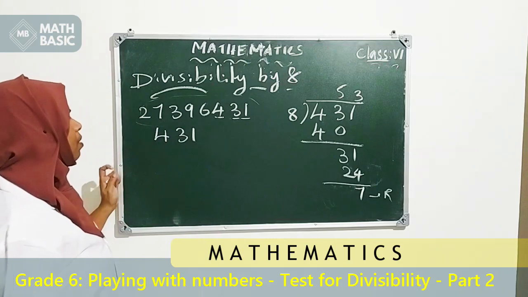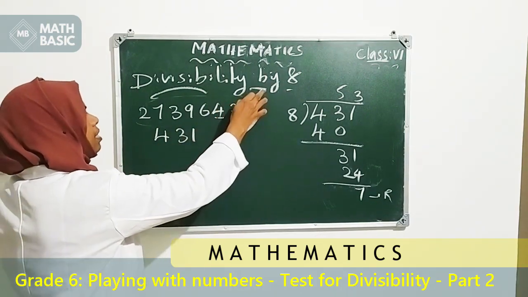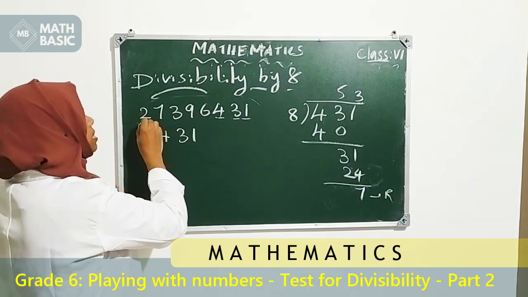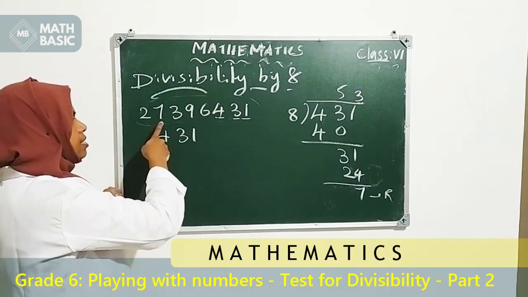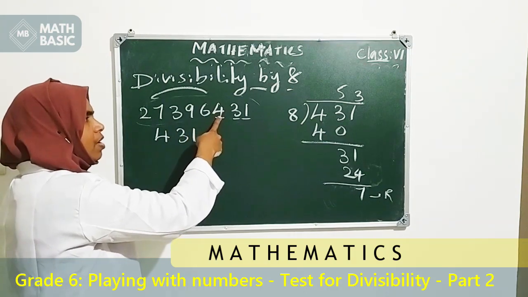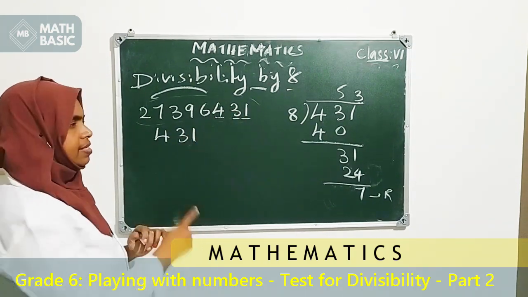So 431 cannot be divided by 8. So this number is not divisible by 8, because 431 is not divisible by 8. This is the reason.